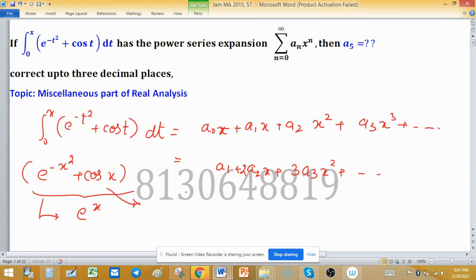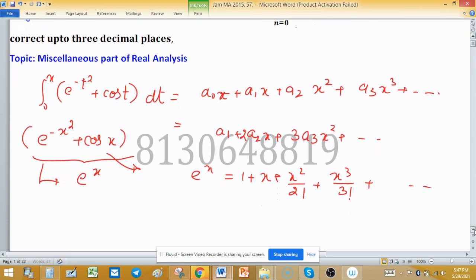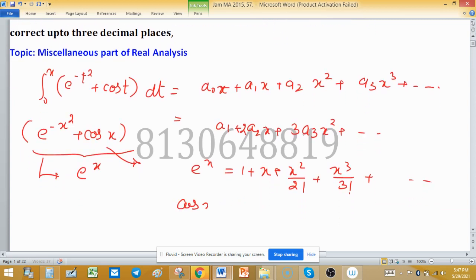Now expand the exponential function and the cos x. The expansion of e raised to the power x is 1 plus x plus x square upon factorial 2 plus x cube upon factorial 3, and so on. The expansion of cos x is 1 minus x square upon factorial 2 plus x raised to the power 4 upon factorial 4 minus x raised to the power 6 upon factorial 6, and so on.